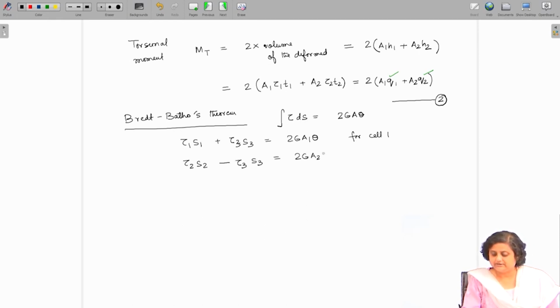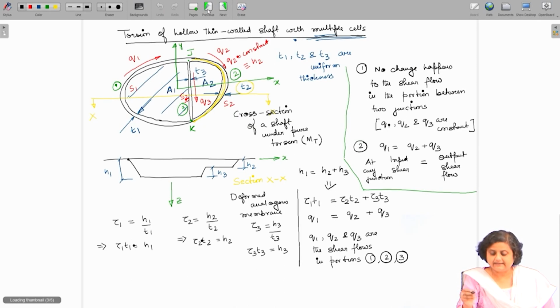The only thing you have to keep in mind is that you have to move in one direction, taking one direction to be positive. If we are moving in this direction, I have tau 1 S1 plus tau 3 S3, since these two shear flows are in the same direction.